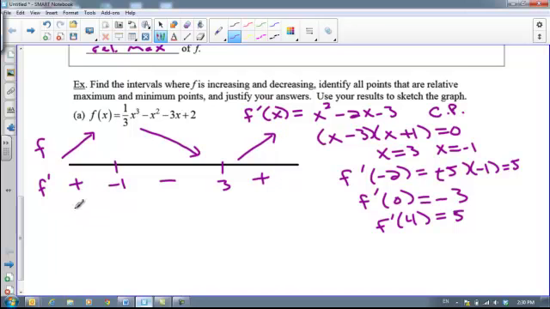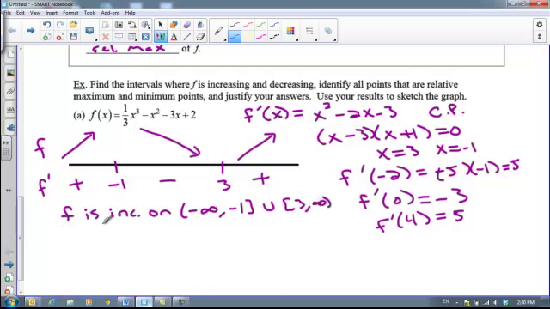So here's what I'm going to say. F is increasing on the interval negative infinity all the way up to, and I'm going to include, -1. You would not include a negative infinity, however. Also with 3 to infinity.